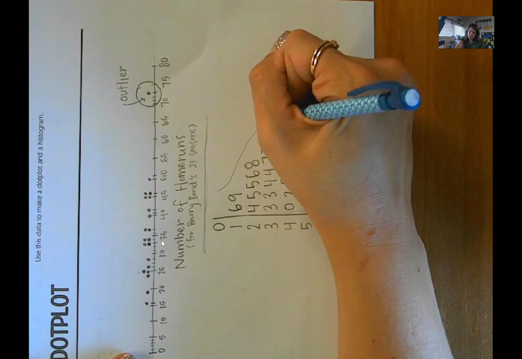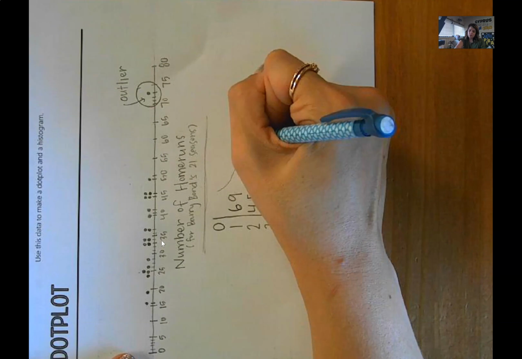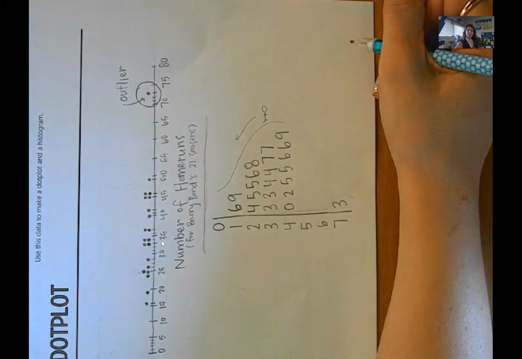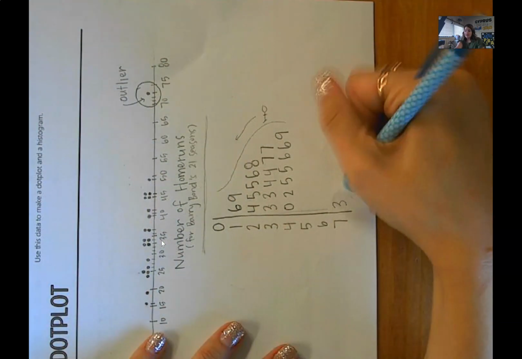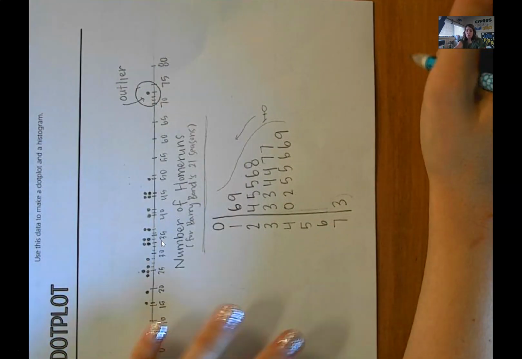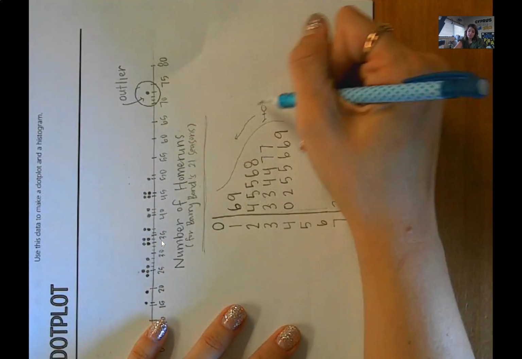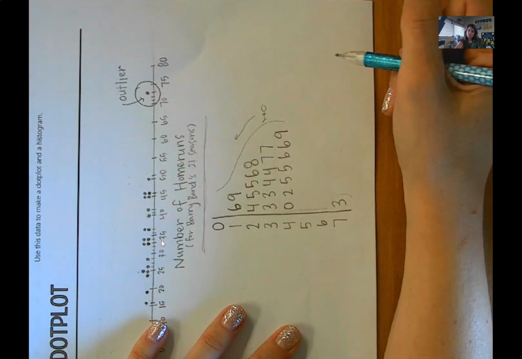Remember that little skier that I told you about? Hopefully I told you about him. He is skiing down to the left-hand side. So without that outlier over here, I would say that Barry Bonds' data is left skewed. The skier is skiing to the left.